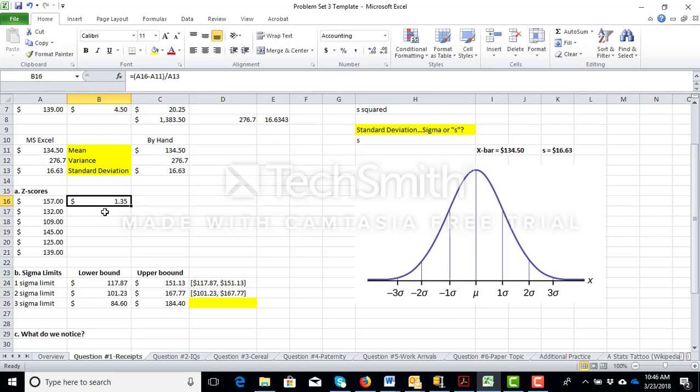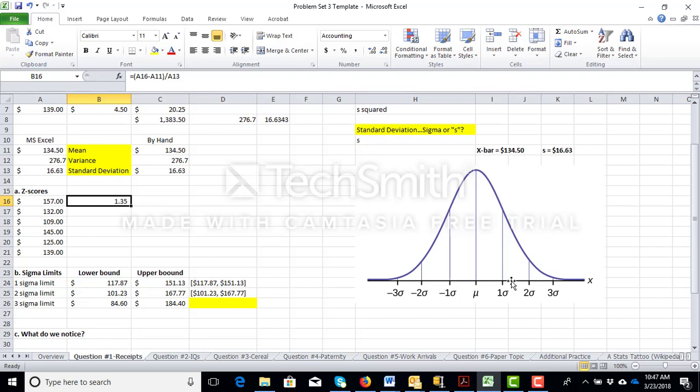In this case, oh, and it's not dollars. I don't want that format there. It doesn't want it to be a number. In this case, this receipt is 1.35 standard deviations above the mean. This is a positive number. So it would be here, somewhere on the graph here, 1.35 standard deviations above the mean.